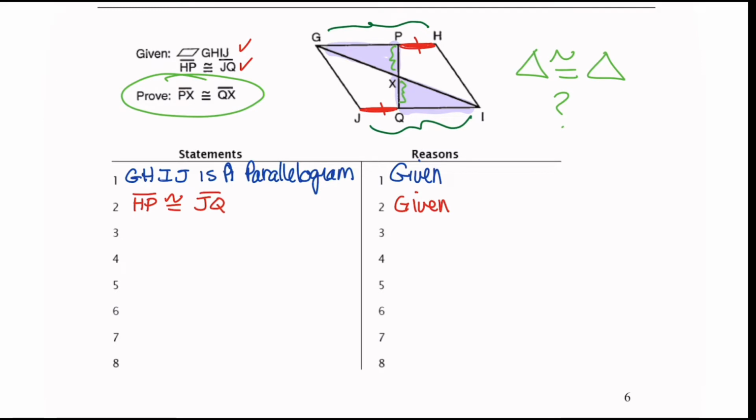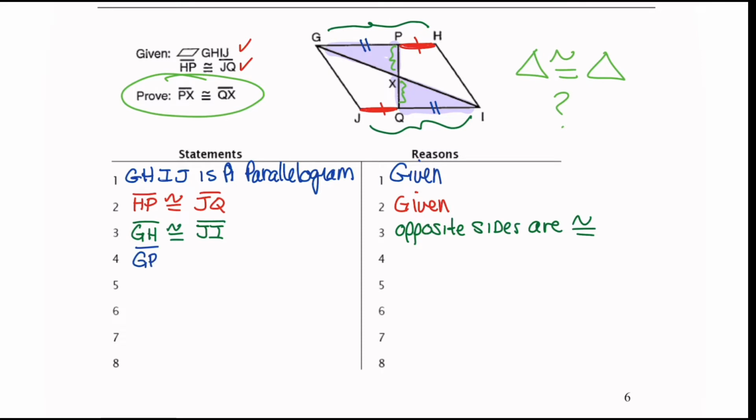Okay, so we know that GH is congruent to JI because opposite sides are congruent. And then what we can do is we can say through some subtraction, GP, it'll be congruent to IQ.